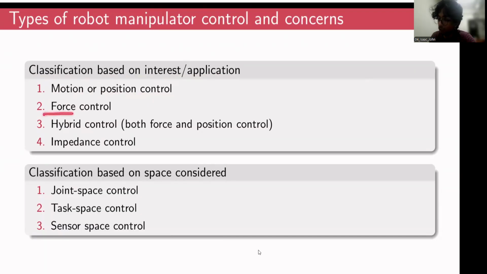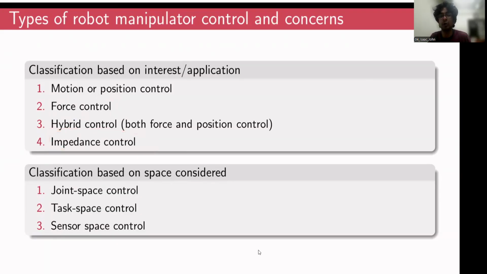Another one is force control, where we would also be controlling the forces acting at the end effector. If the end effector has to grasp something with a specified amount of force, we would use force control. And then hybrid control, which is essentially a combination of both force and position control.